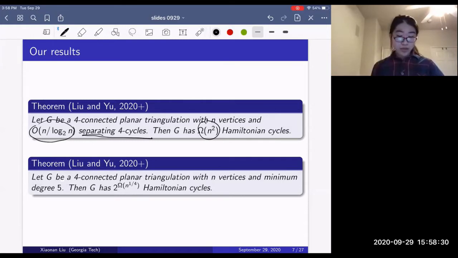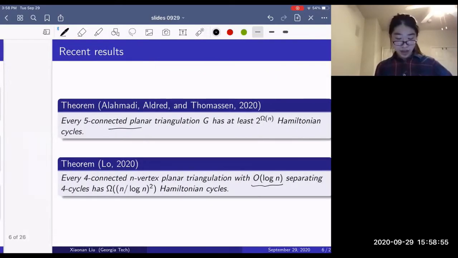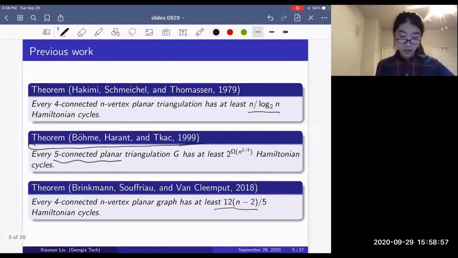We also have a result about graphs with minimum degree 5. Let G be a 4-connected planar triangulation with n vertices and minimum degree 5, then G has 2 to the omega of n to the one quarter Hamiltonian cycles. So this result also improves the result from 1999.